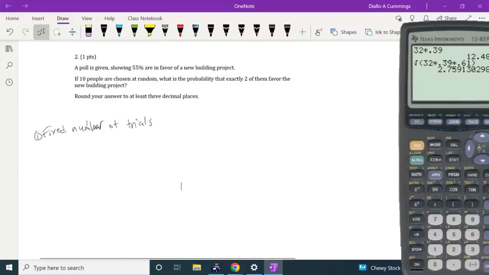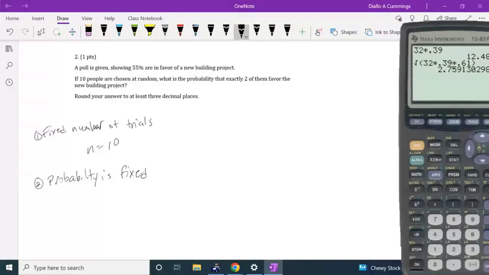Okay? It's not that n value as in the sampling distribution. So the number of trials is 10. Second says the probability is fixed, or the same for all trials. So what's the probability here? Should be 0.55.